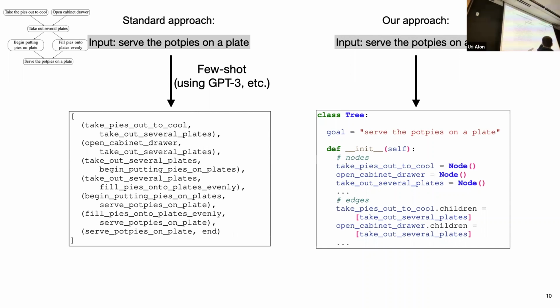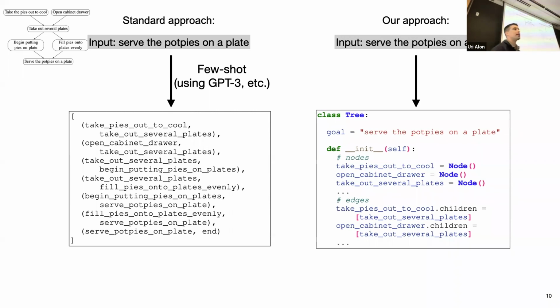So for example, we define a class here where we have the goal of serve the pot pies on a plate, and then we define a node for each of the nodes in the graph. For example, take pies out to cool. And then we define the edges as a list that is assigned to the dot children attribute of each node.